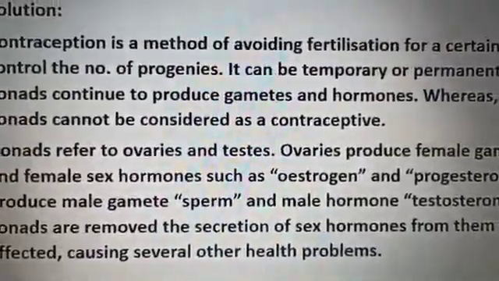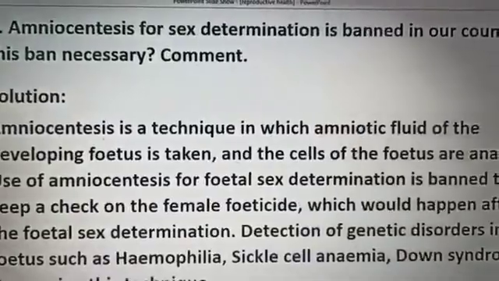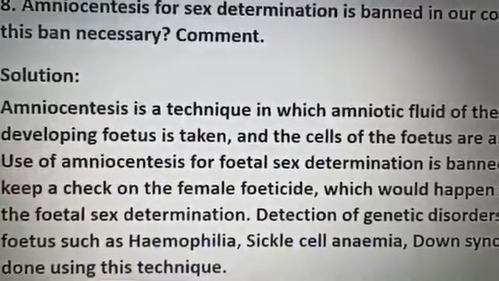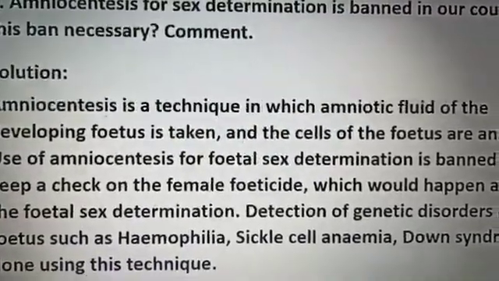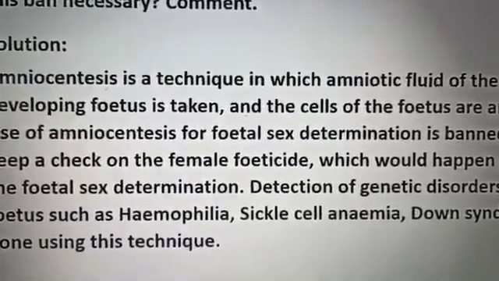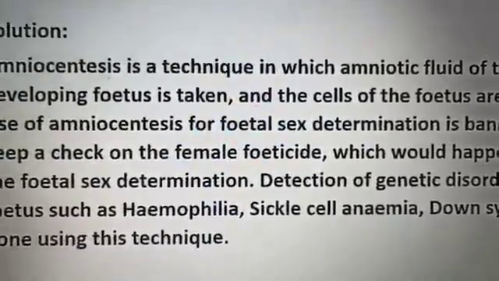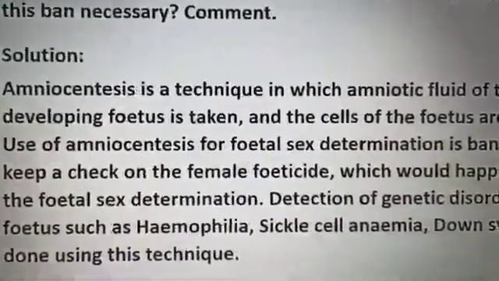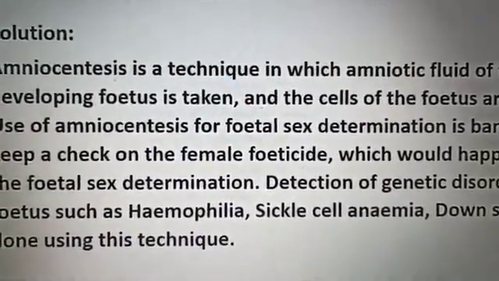Next question is, amniocentesis for sex determination is banned in our country. Is this ban necessary? Comment. So do you know what amniocentesis is? In this technique, the amniotic fluid of the developing fetus is taken, and what is present in that amniotic fluid? Shed cells of the fetus are present there, and these cells are then checked for chromosomal abnormalities.